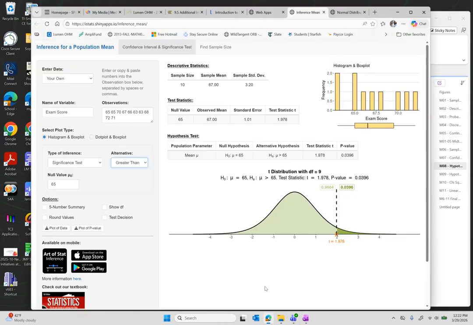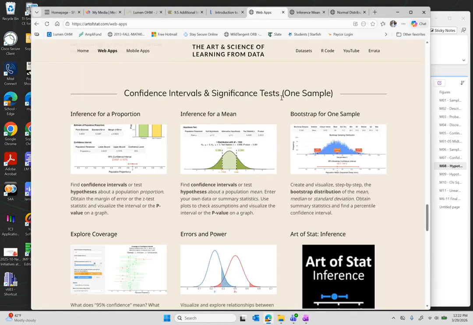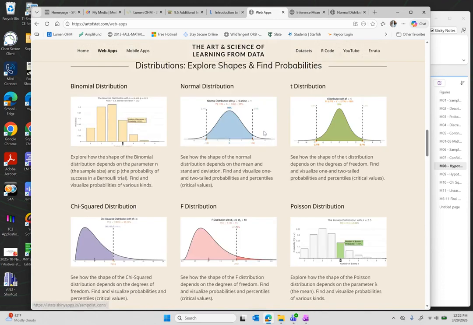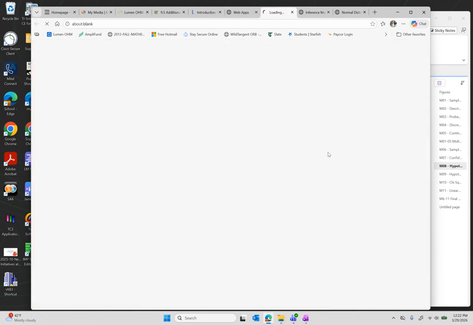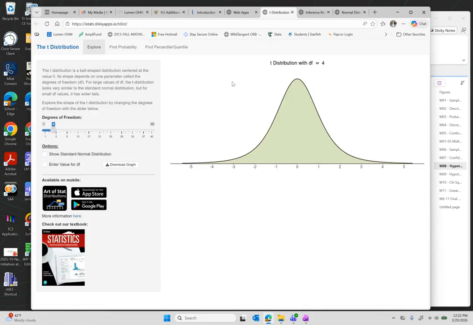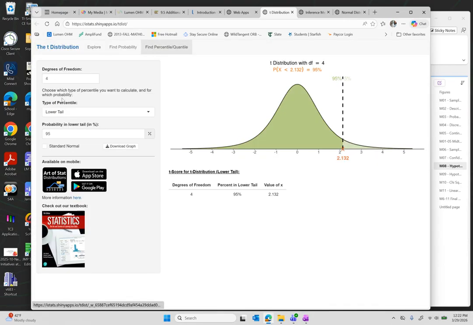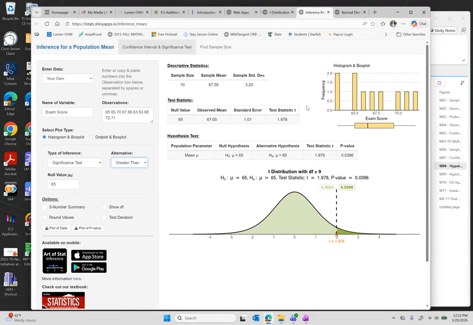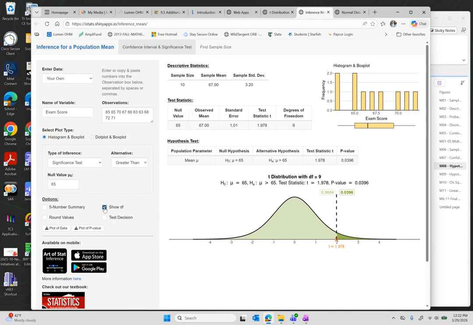And to do that, I need to go to the Art of Stat t-distribution, and I want to find a percentile quantile. Over here, it asks me for the degrees of freedom. Remember that the degrees of freedom are 9. Also, you can ask your Art of Stat inference for population mean app to show you the degrees of freedom here.